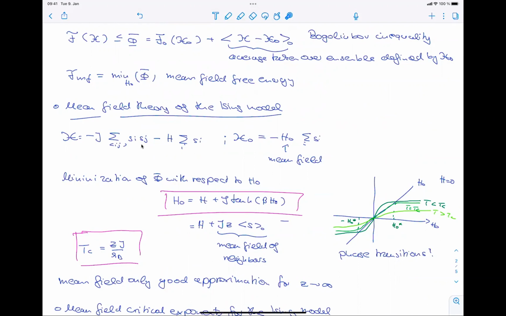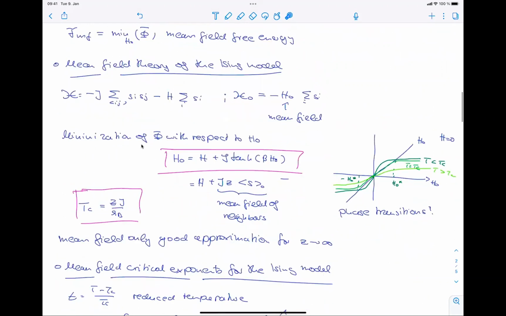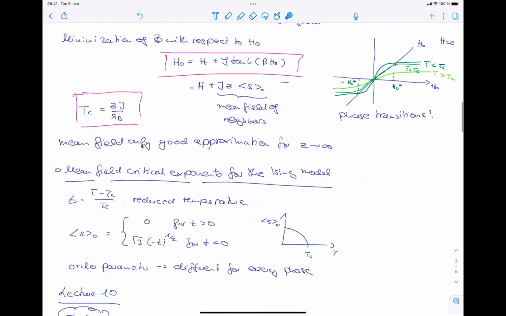And in the same fashion, I will now derive the Helmholtz free energy, which allows us to also nicely read off what happens at phase transitions at finite applied field.